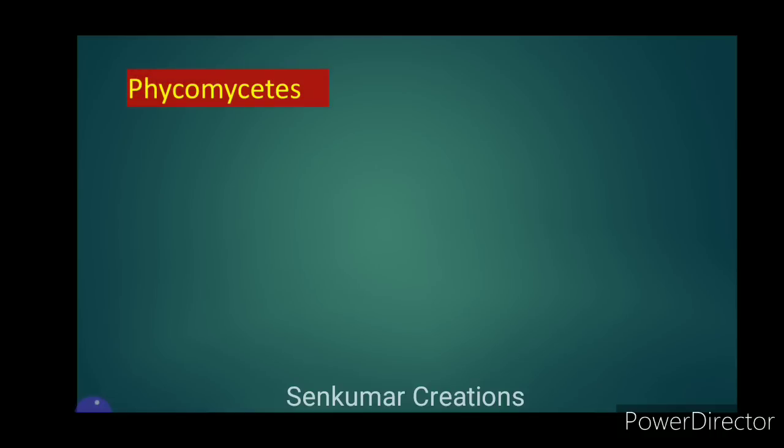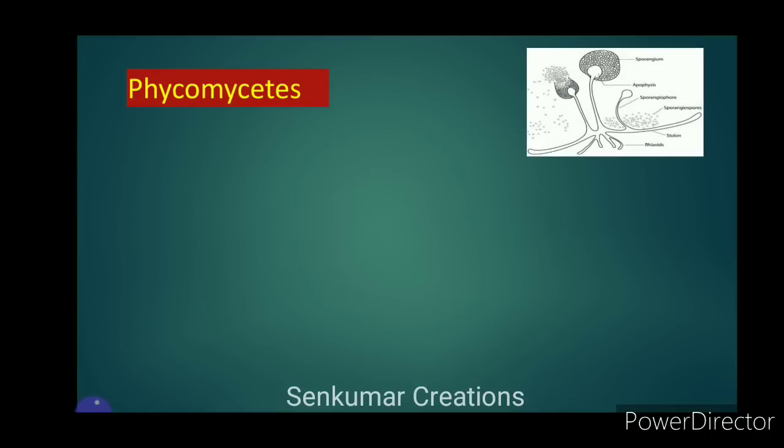And first let us see about the aseptate, phycomycetes. You can see the picture clearly, an example is given. It is aseptate with coenocytic hyphae. Okay, what is meant by coenocytic hyphae?